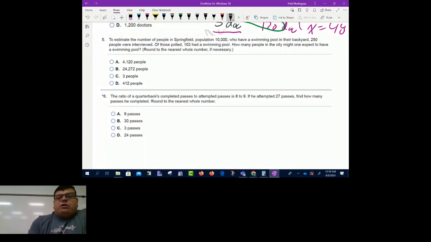Okay, so first thing y'all I'm going to do, one fraction equals another fraction. Okay, there's at least my setup. So look, y'all, they're looking at the number of people in Springfield. So the population of Springfield, y'all, is 10,000. They want to know out of those 10,000, how many of them have a swimming pool? Okay.